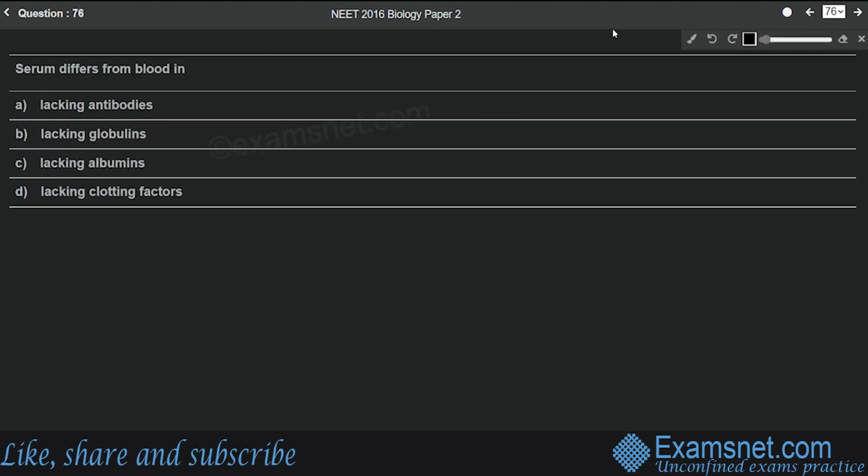Question number 76 is from the chapter Body Fluids and Circulation, and the question is serum differs from blood in option A lacking antibodies, option B lacking globulins, option C lacking albumins, and option D lacking clotting factors, and the correct answer is option D lacking clotting factors. Okay, so serum along with the clotting factors makes blood plasma.